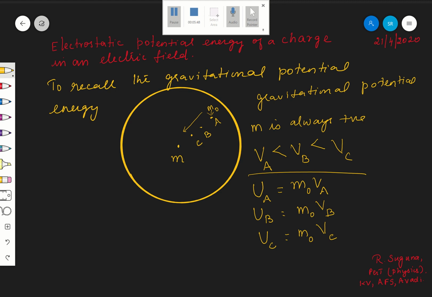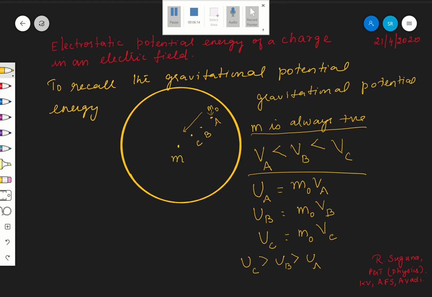Because M is positive, the potential energy of M0 at C will be larger. Are you following?